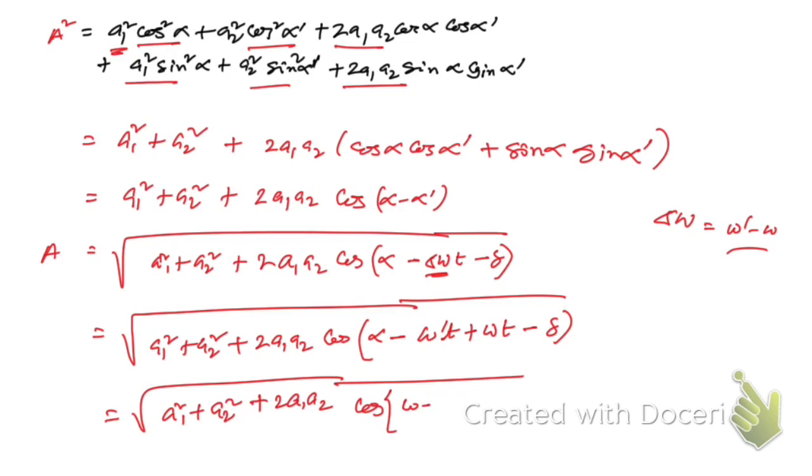Okay, you can take t common, so that you can write this, and then minus delta minus alpha, right? This is what we're going to have. So this is the resultant amplitude. Hope you have understood this.